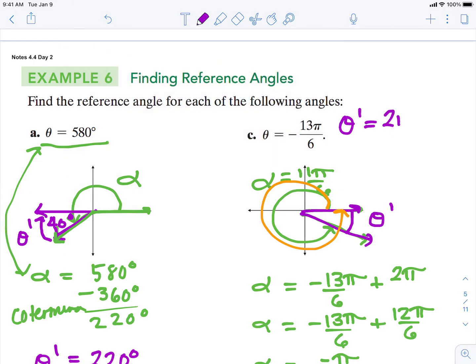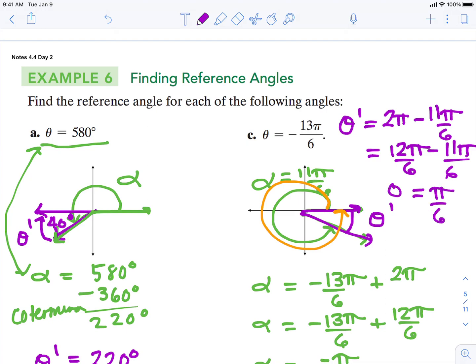So we're going to take 2 pi, the full revolution, and subtract out the green to see what we're left with. We're going to change that 2 pi to 12 pi over 6. And that angle is pi over 6. So that's the distance right there.